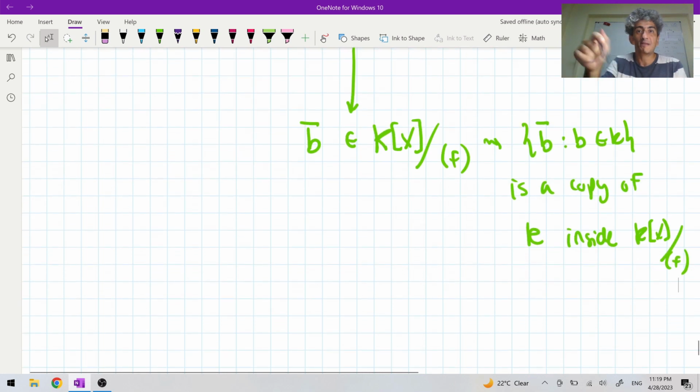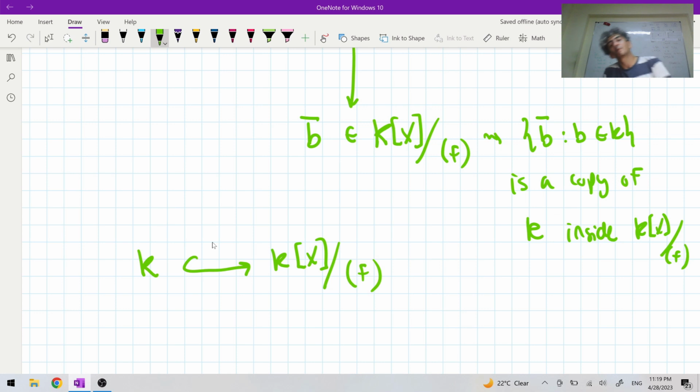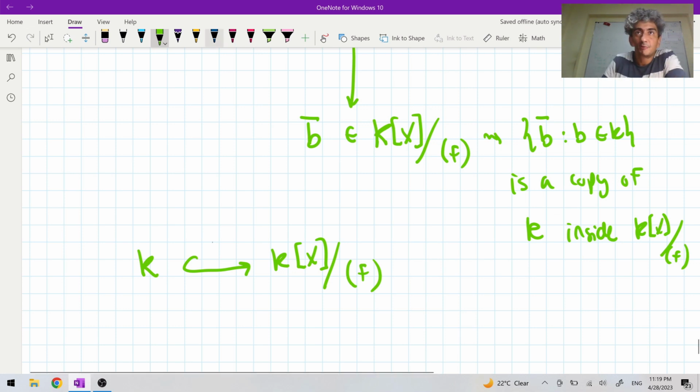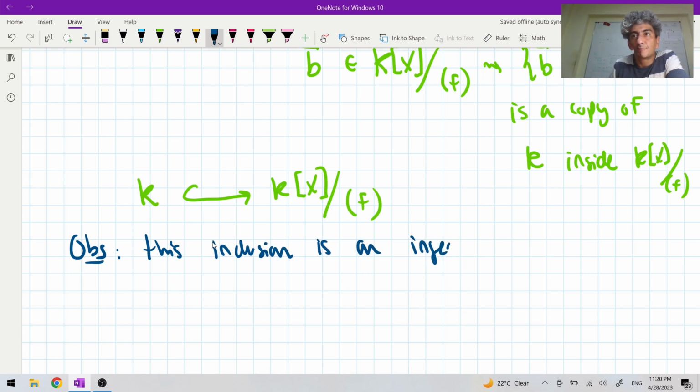We're just looking at constants as the classes of the constant polynomials. So in that sense, K can be seen as included in this quotient ring. Observation: this inclusion is an injection, so different constants go to different classes.